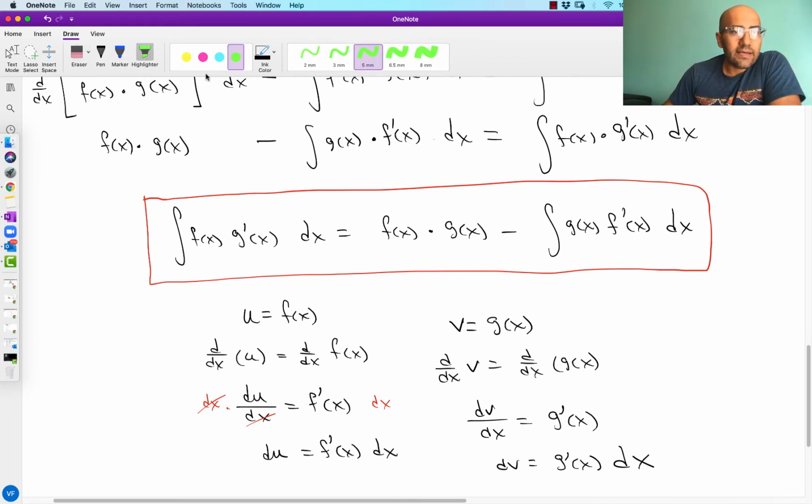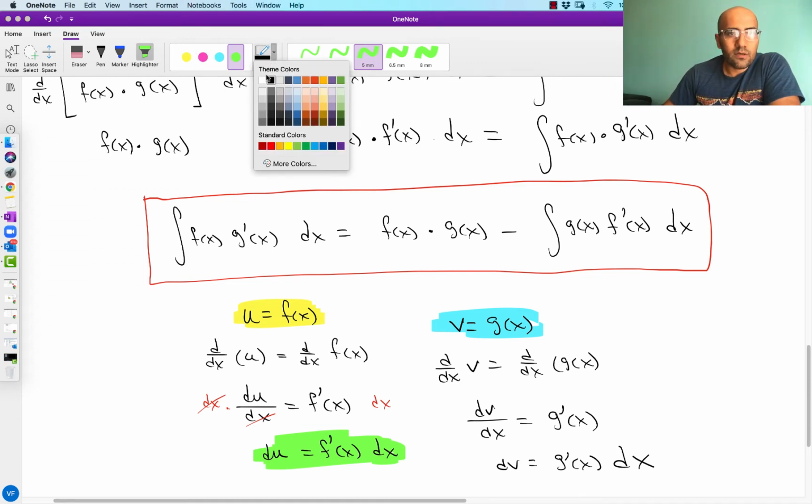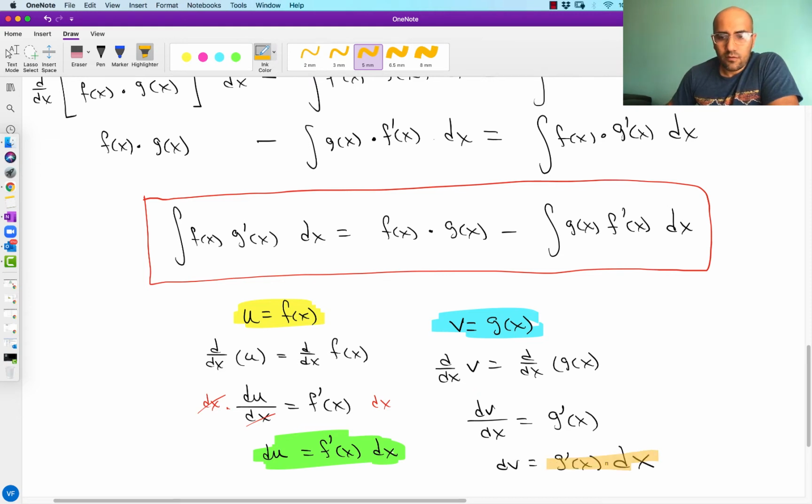So let me highlight. Let's see, we have u equals f of x. We have v equals g of x. We have du equals f prime of x dx. And then we have, I don't like purple, let's go with orange, dv equals g prime of x dx.